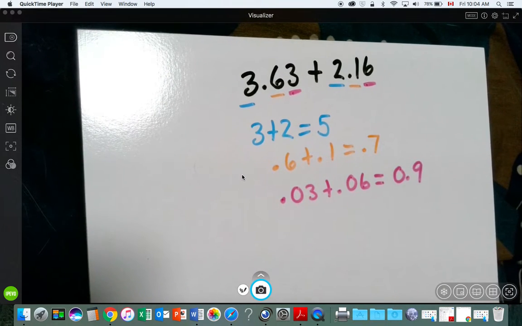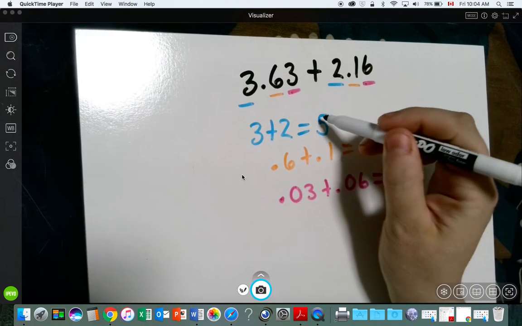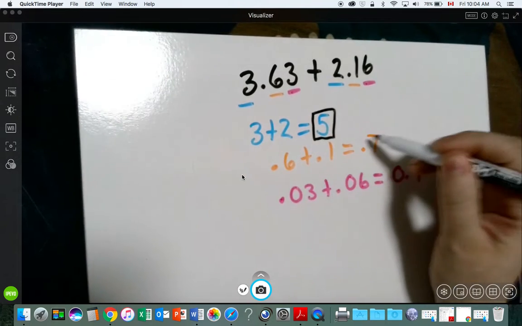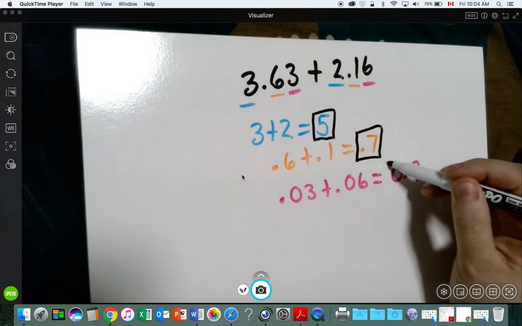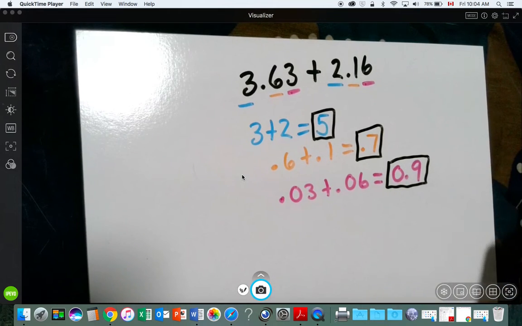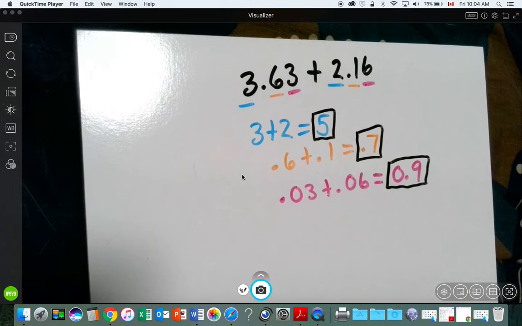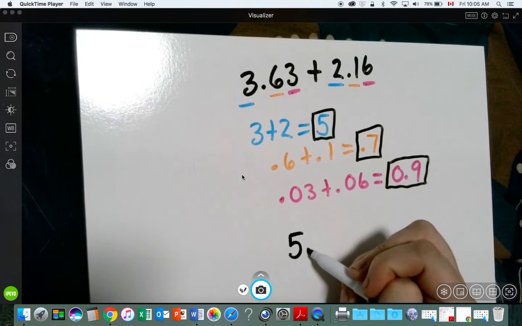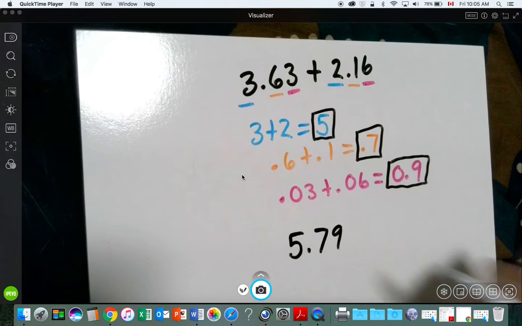And then our final step is to take all the numbers and put them back together. So we're essentially taking the expanded form of the number and adding each component by itself. So that gives us 5.79.